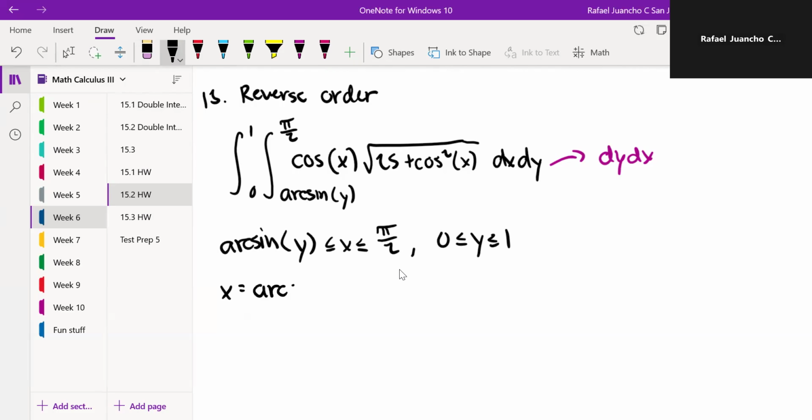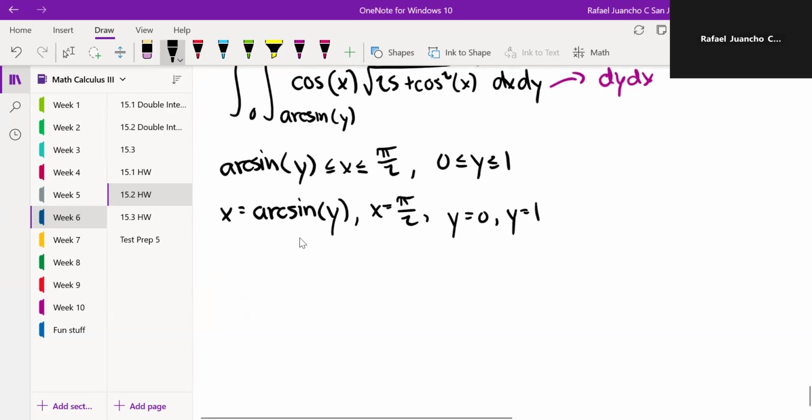So I have x is arcsine y, x is pi half, y is 0, y is 1. I could rewrite this as y is sine x, right?